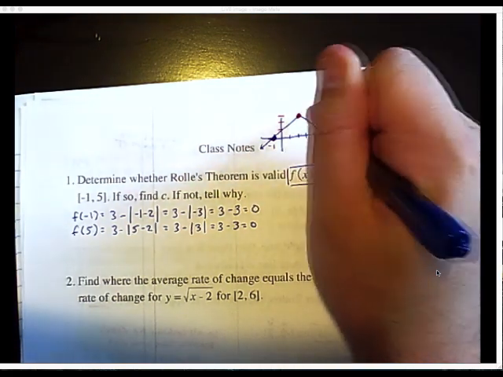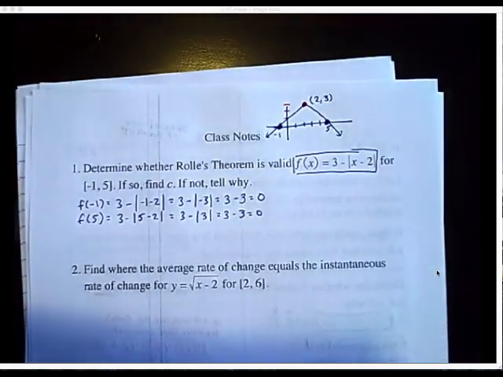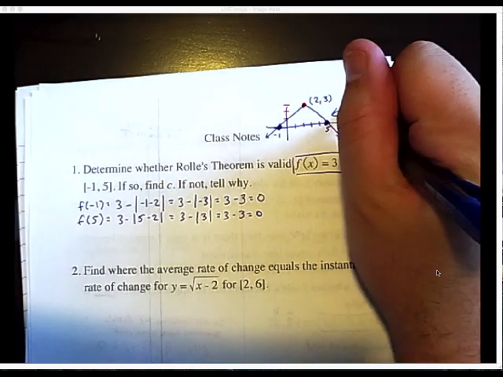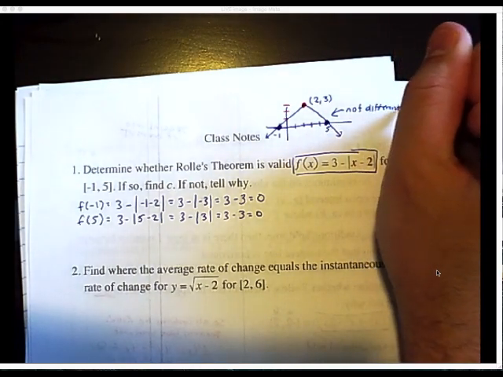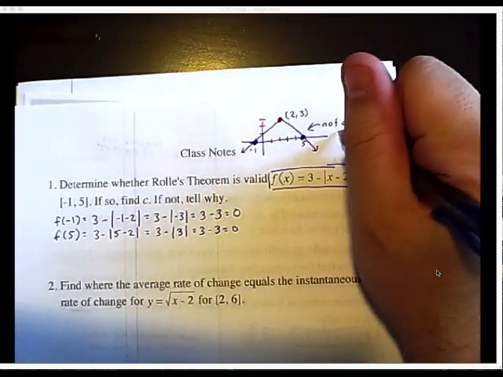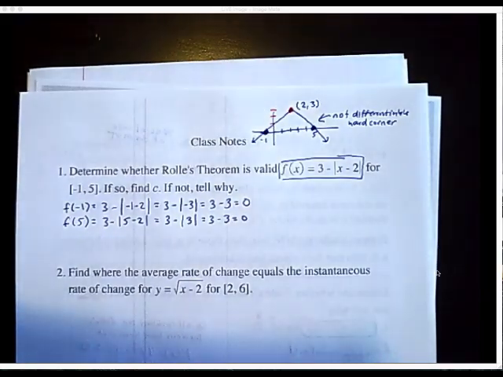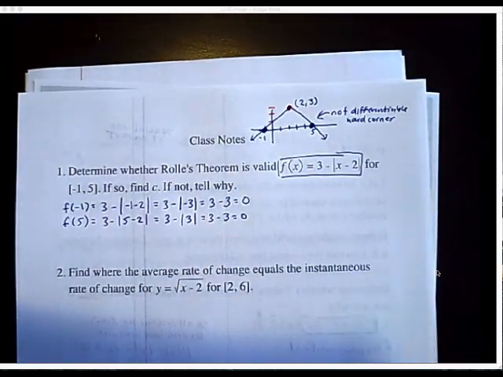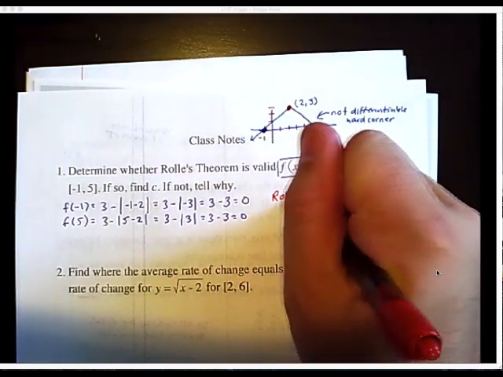It reaches an apex here at (2, 3). So what do you notice about this function? It is not differentiable, because there's a hard corner. Even though the y values were the same, Rolle's theorem does not apply here.